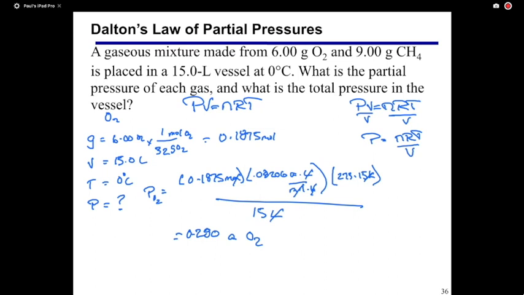You got to do methane too. Exactly the same thing for methane. And then what is the answer? You add the pressure of oxygen and the pressure of methane to get the total pressure of the mixture, because that's what it wanted, the mixture.